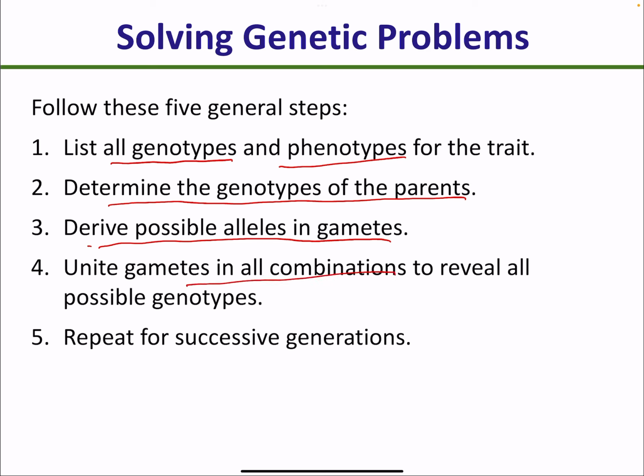So you bring them together and see what the genotypes are. And from the genotypes, you are going to deduce the phenotypes. And basically, you are going to do the same thing for the next generation. So this is the approach you would use if you have to solve a genetic problem.